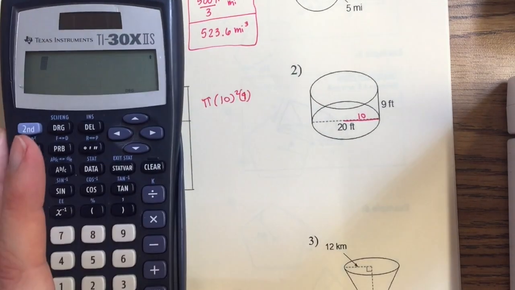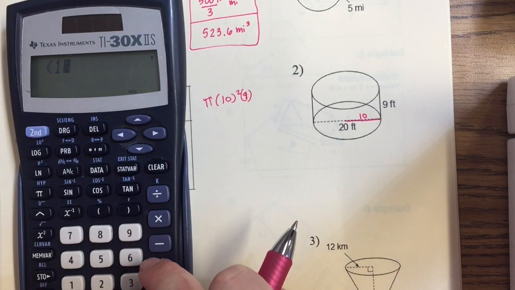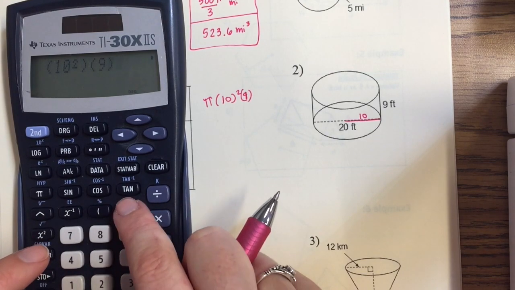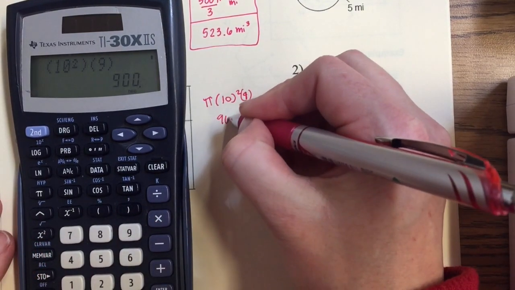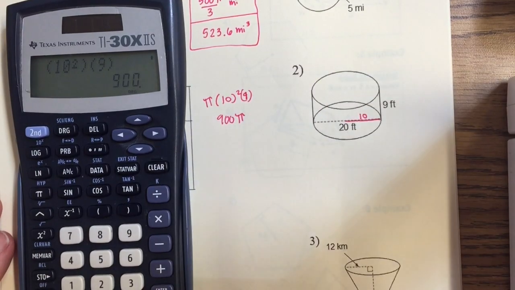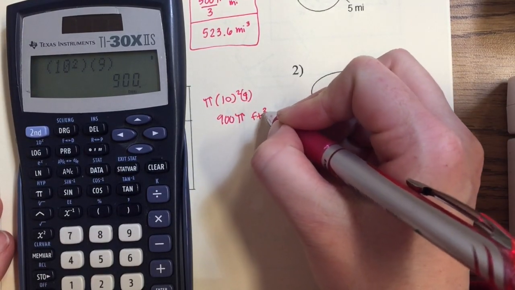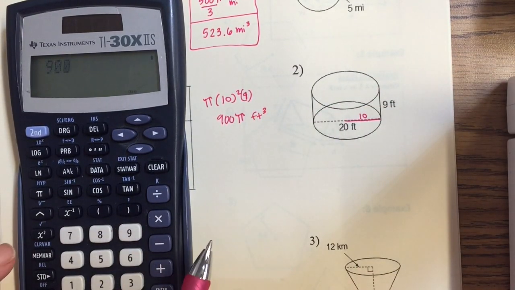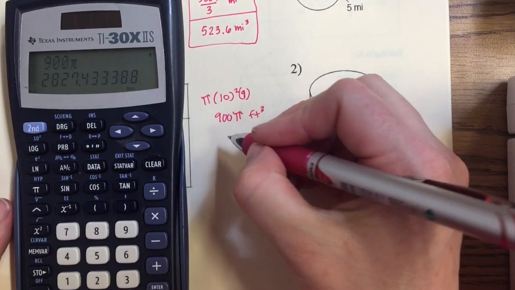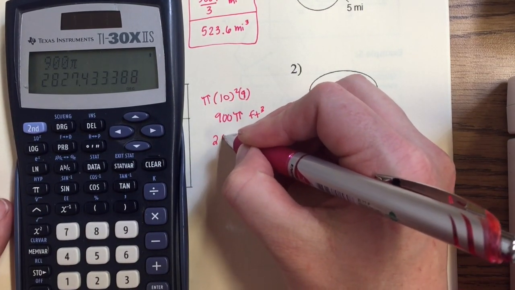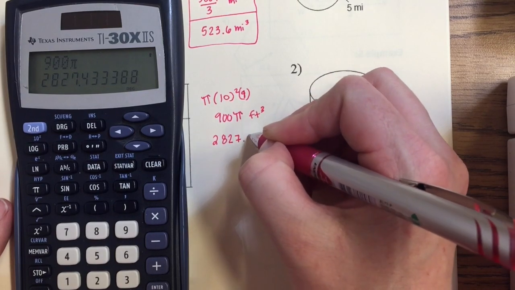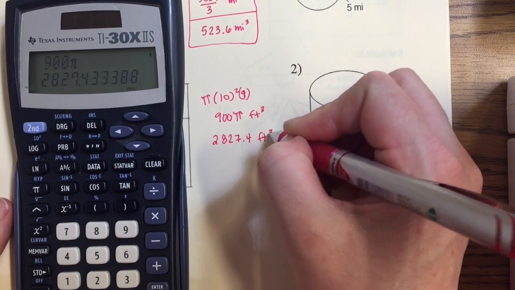I'm going to enter that in. 10 squared times 9 will be 900 pi feet cubed for volume. If it wants it as a decimal form without pi written, it would be 2,827.4 feet cubed.